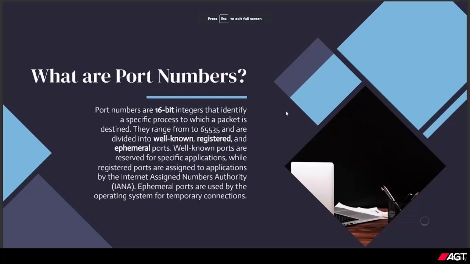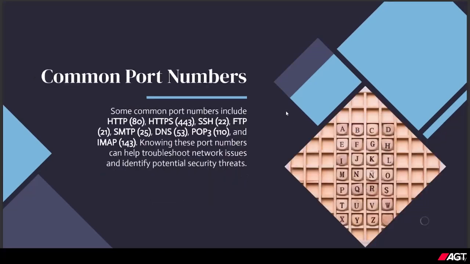So we know that port numbers range from 0 to 65,535 and are divided into well-known, registered and ephemeral ports. Alright. And the next thing, we know the common ports. We have HTTP and HTTPS. For HTTP we have port 80, and for HTTPS we have port 443, and so on.